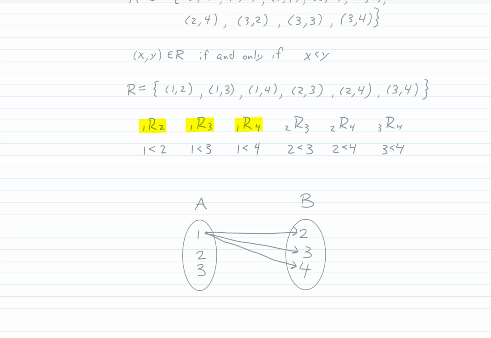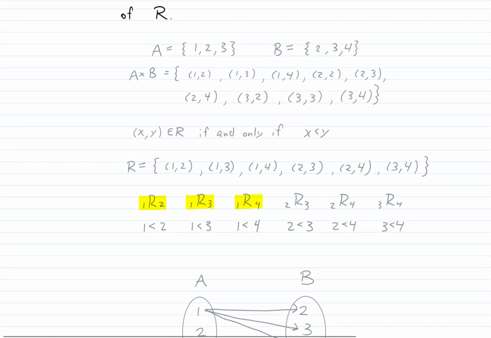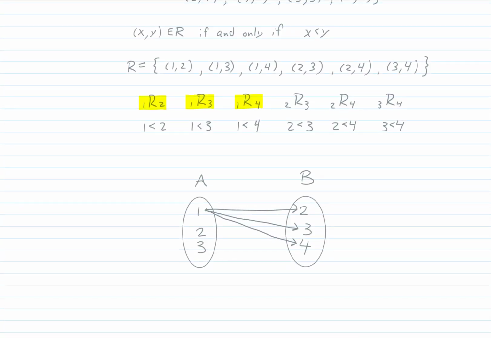2 is only related to 3 and 4, so I would draw an arrow from 2 to 3 and from 2 to 4. And 3 is only related to 4, so I would draw an arrow from 3 to 4. The arrows don't have to be straight. If you need to curve them around each other, that's okay.